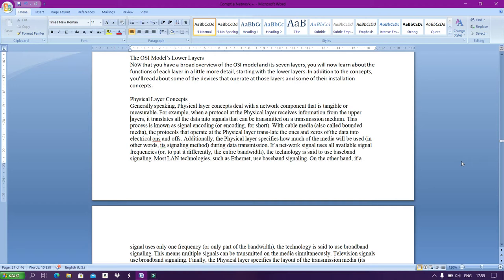Additionally, the physical layer specifies how much of the media will be used during data transmission. If a network signal uses all available frequencies, the technology is said to use baseband signaling. Most LAN technologies such as Ethernet use baseband signaling.